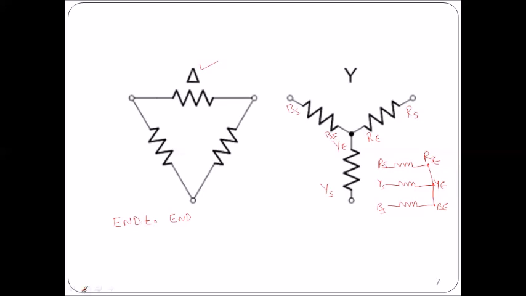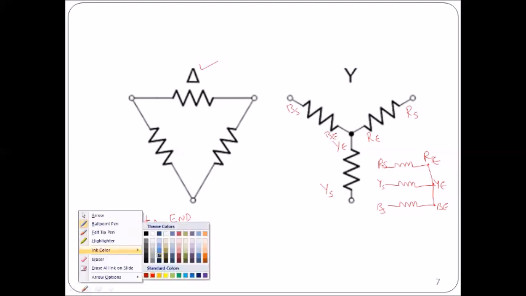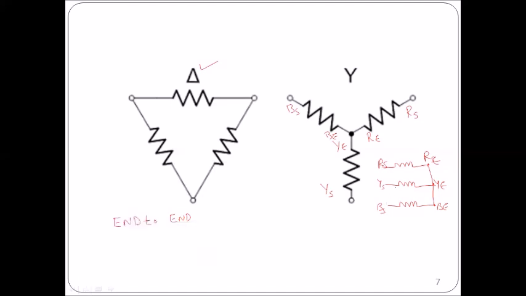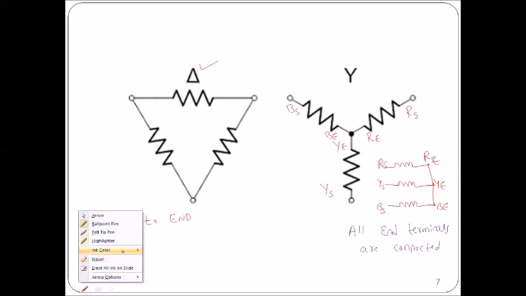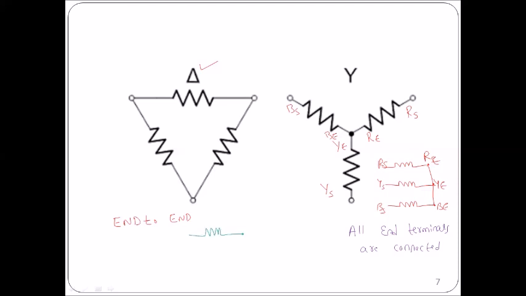Before that, please remember that in the case of star connection, all end terminals are connected. Now, in the case of delta connection, there is some difference. Okay, so in order to understand that, I will draw the three resistors once again, along with their notations.